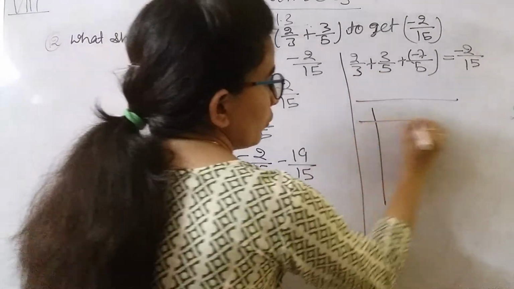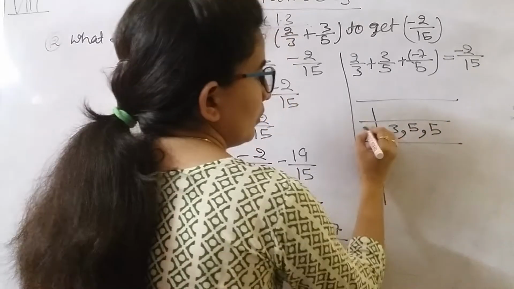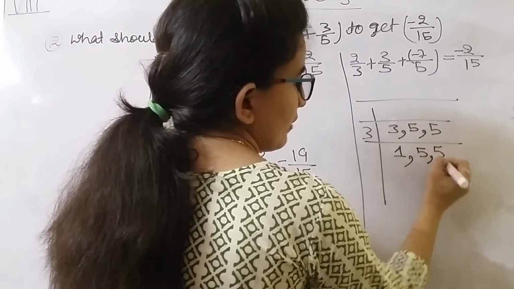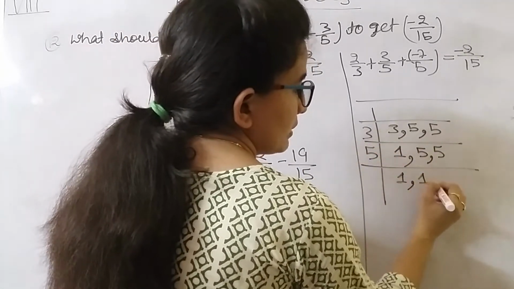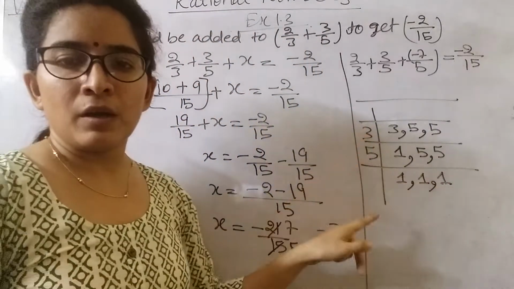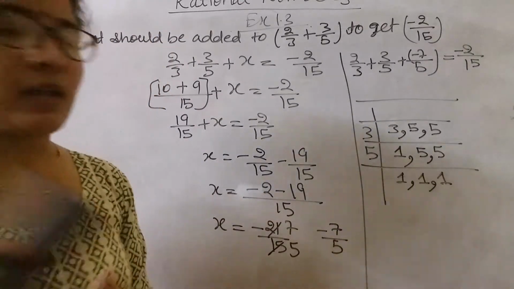The LCM of 3, 5 and 5: 3 ones are 3, 5 ones are 5, 5 ones are 5, and 5 3s are 15.